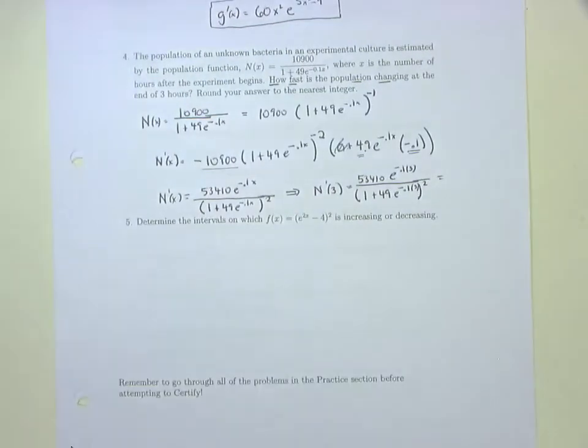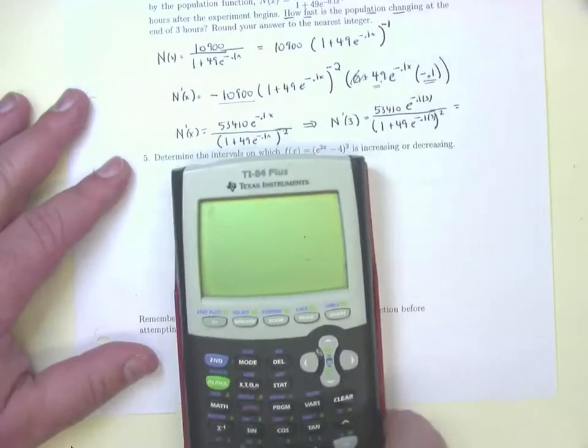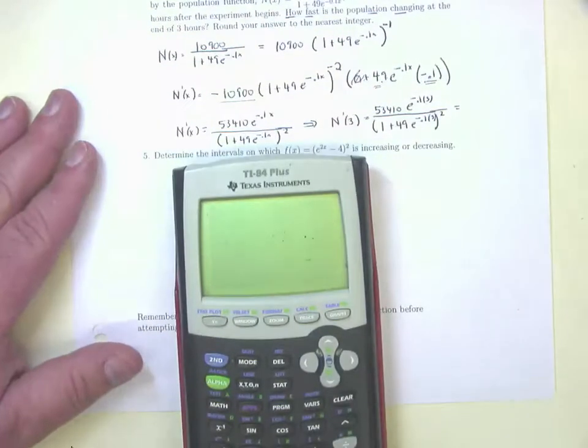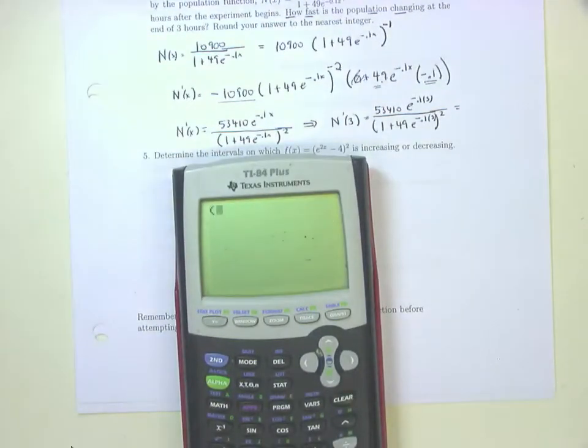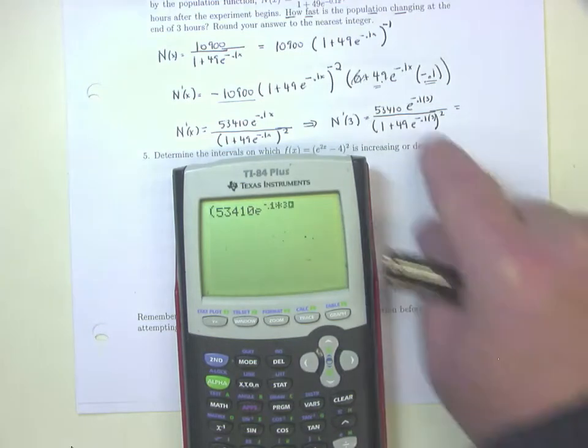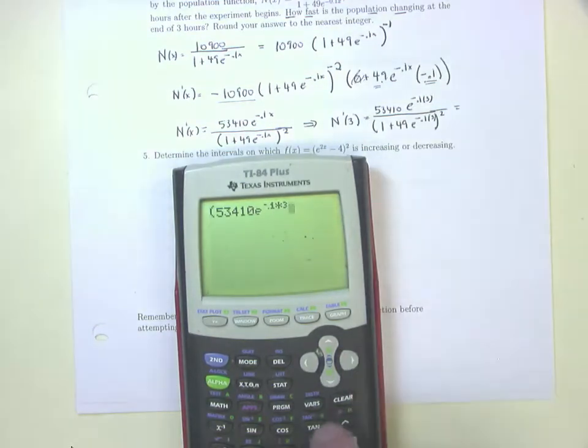I'm using my calculator on this one. It's a big fraction, so parentheses go around your numerator: 53,410 e raised to the -0.1 times 3, and all that is in the exponent, then arrow over, close parentheses.